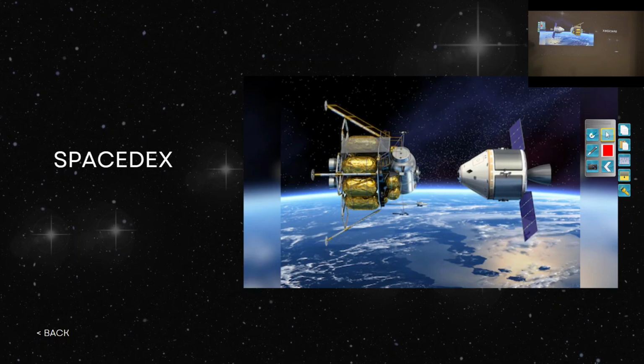Their extended ring was joined with each other and locked in space. Later the satellites were undocked successfully.